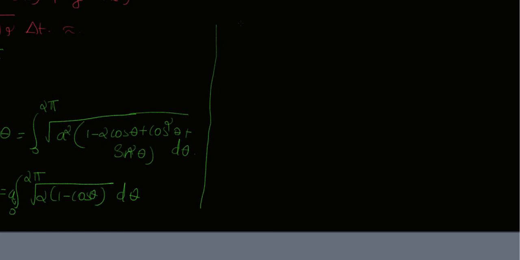What is that? Integral a into 0 to 2 pi square root of 2 into 1 minus cos theta into d theta. How will you do this?